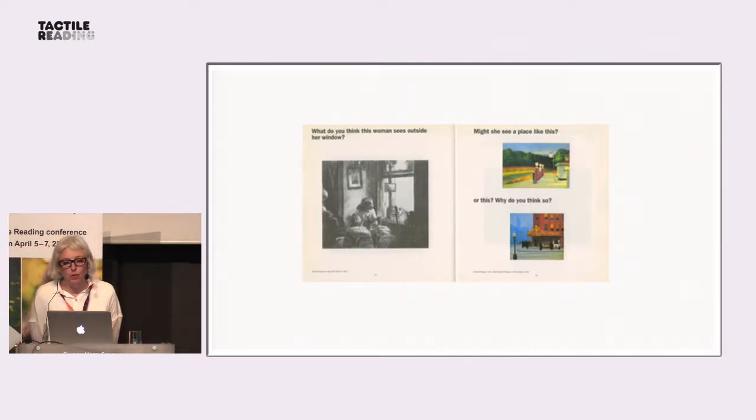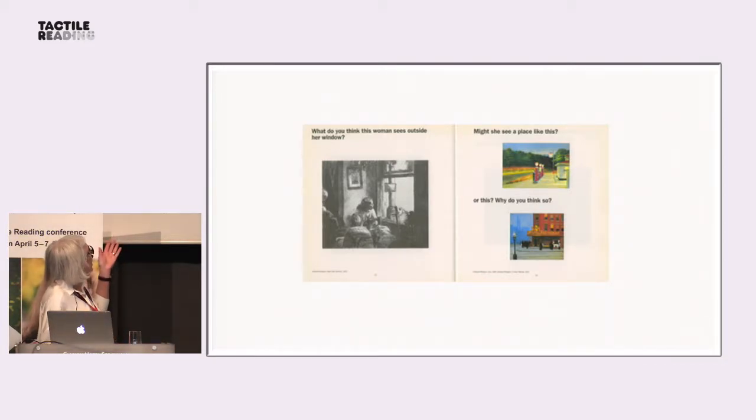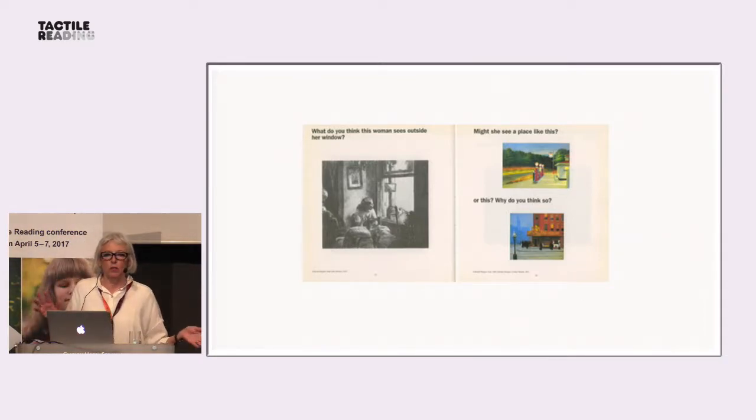It's taken from a book, Places by Philip Yenawine, and he was a curator and educator at the Museum of Modern Art in New York. And it's a book opening, and on the left-hand side you see a picture in black and white, and it's a woman looking out of the window, and you can't see what's outside the window. And the question is asked to the reader, what do you think this woman sees outside her window?